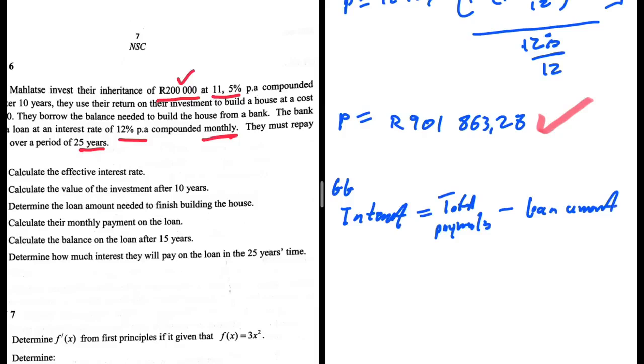So the total payment is 12,000, whatever, that monthly payment, multiplied by 25 multiplied by 12, right? And then minus the loan amount, and you should get your total interest.